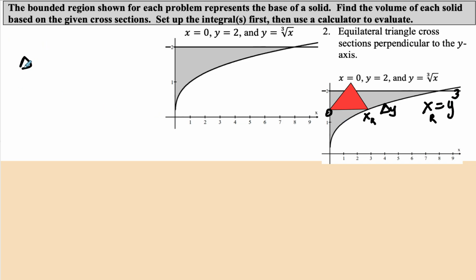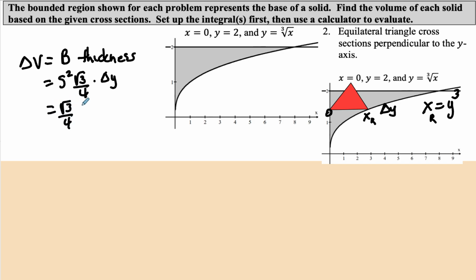So our little delta volume will be equal to the area of the base times the thickness, and this will be s squared root 3 over 4 times delta y. And if we want to write the root 3 over 4 in the front, our s will be the x of the curve, squared, delta y.